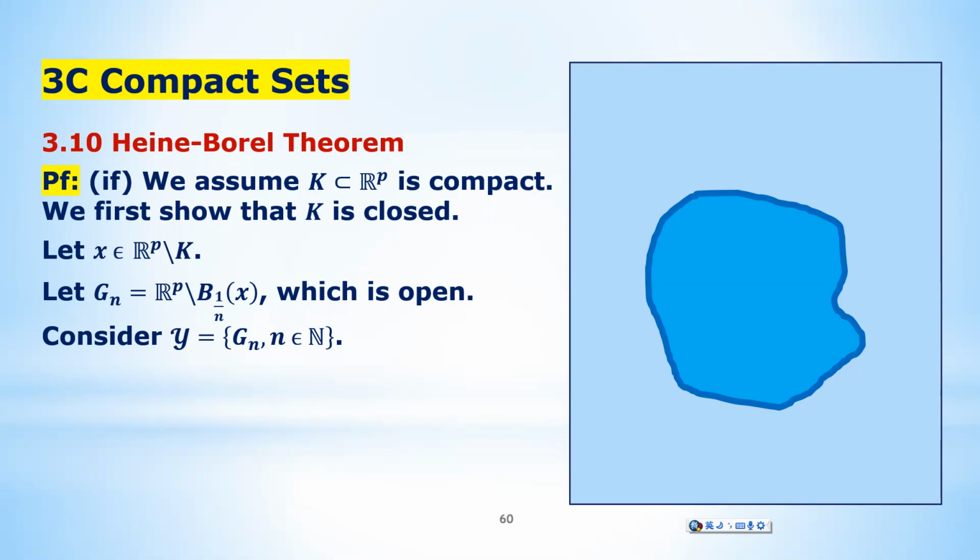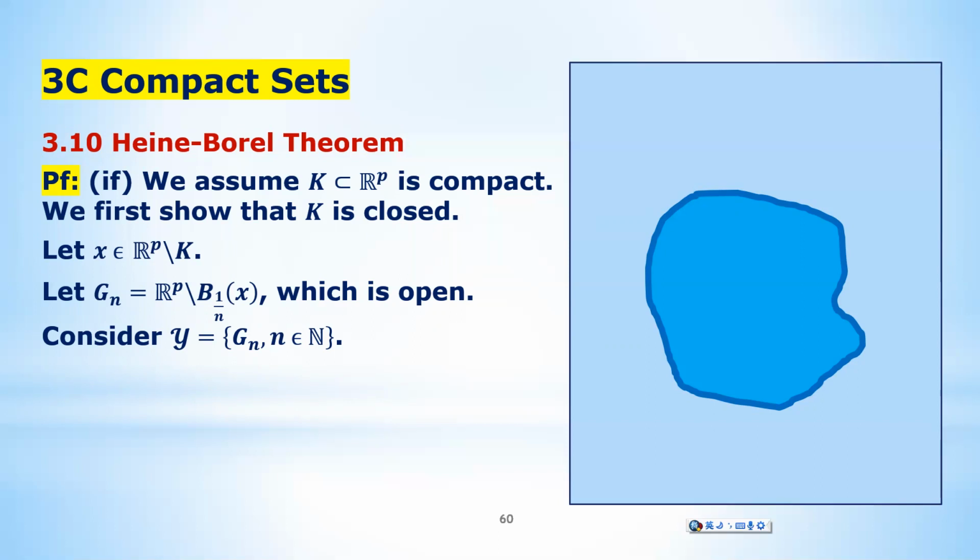I didn't specify the notation completely: I'm choosing a closed ball here, so B_{1/n}(x) includes its boundary. Then I look at the complement of this ball, the exterior of this ball. Because B_{1/n} is closed, the exterior is open.